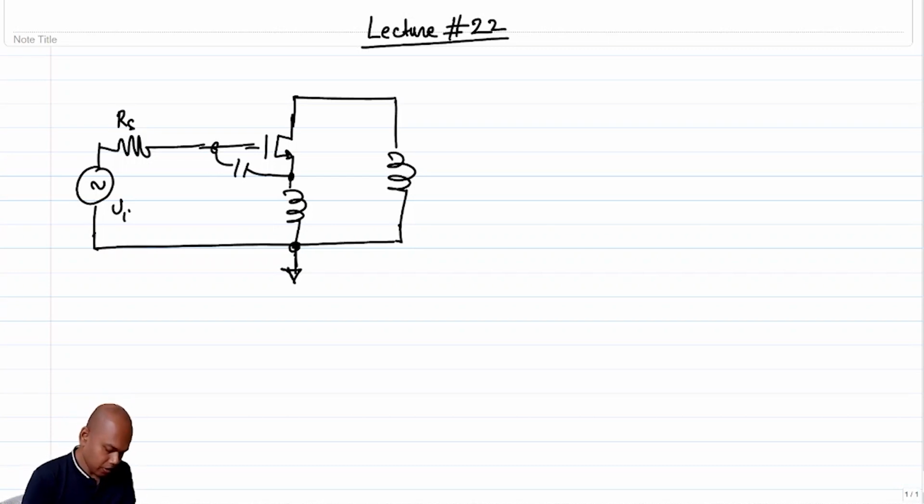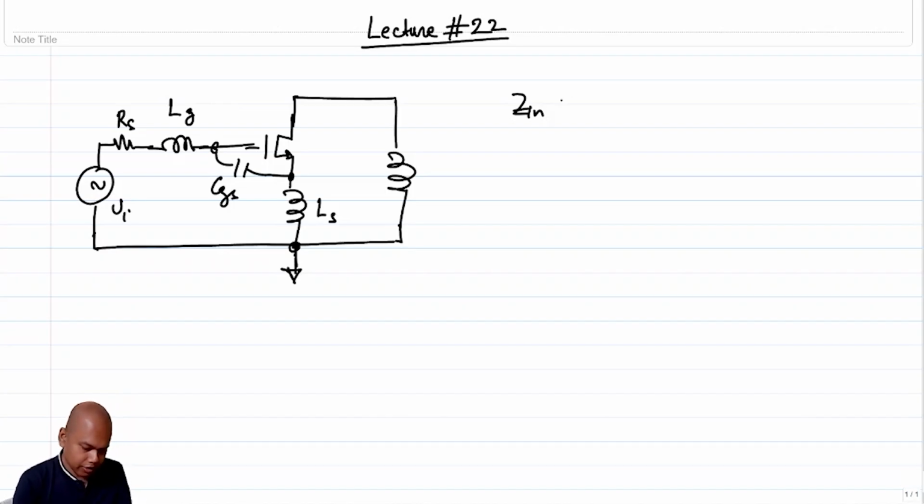So what did you observe? You observed that the input impedance Zin is essentially, sorry, let me redraw. So this is the one that we have, LG, LS, CGS.